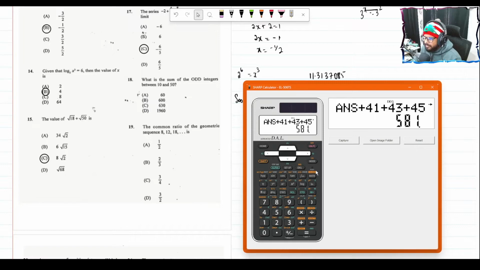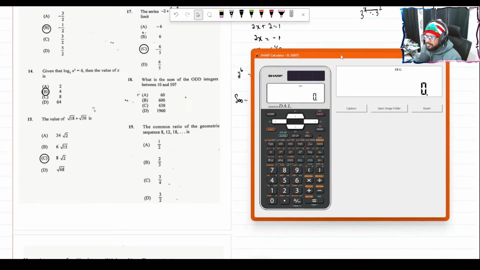Okay. 581. I feel like I missed something, you know. Or I might have seen that I missed something there, right? So, we're doing it again. Did I miss a set of numbers, boy? Or did I not put something? Right? Odd integers, 11 plus 13 plus 15 plus 17 plus 19. That's the first set. Equals.